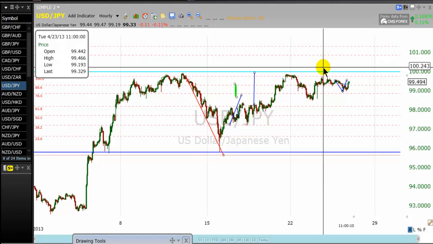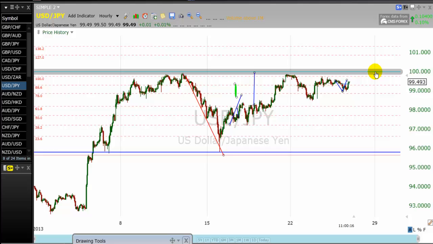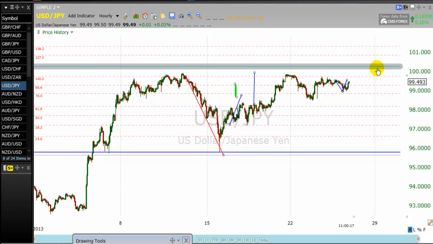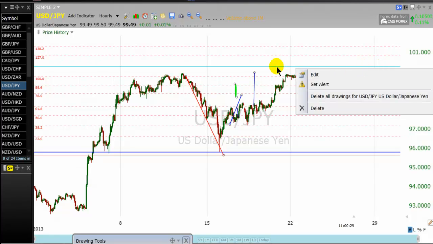Pay attention to my cursor at 100.22. That's where we are. I'll move my turquoise line a bit down.